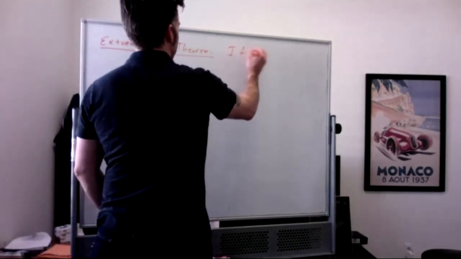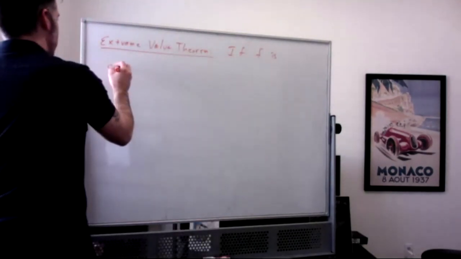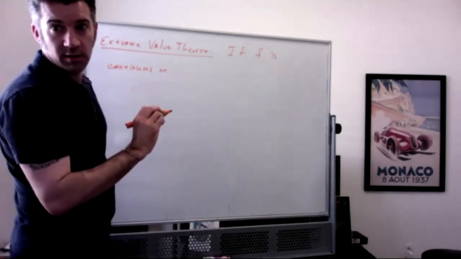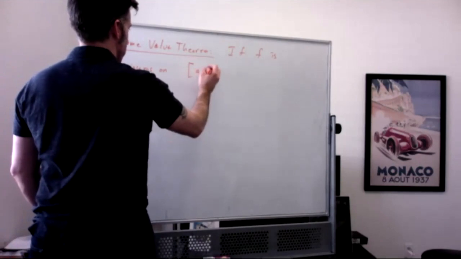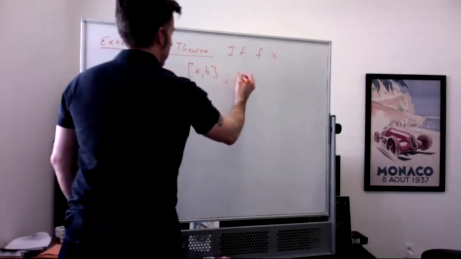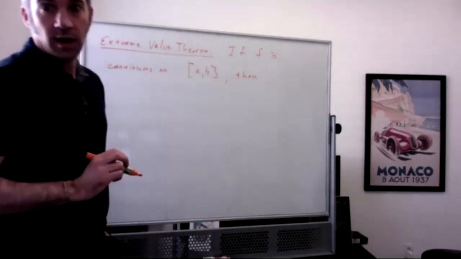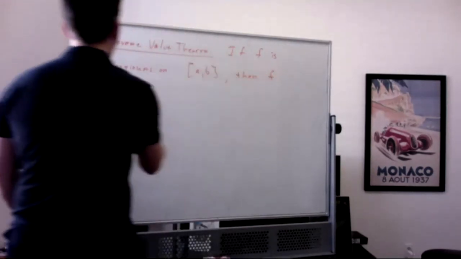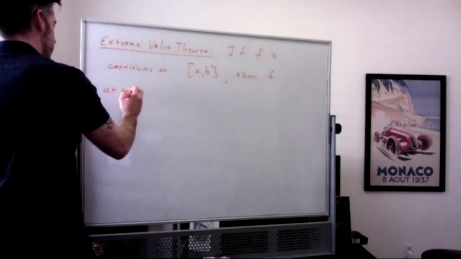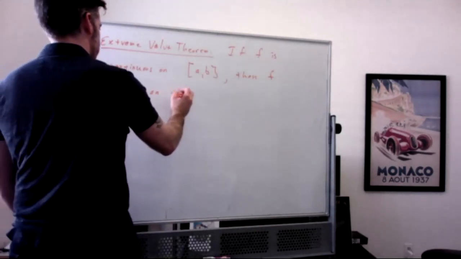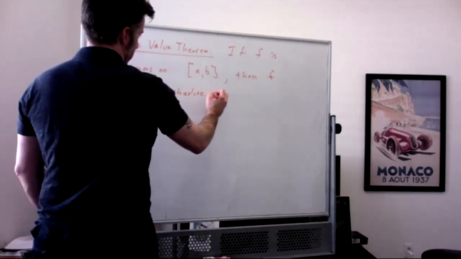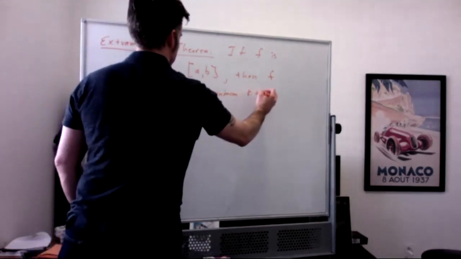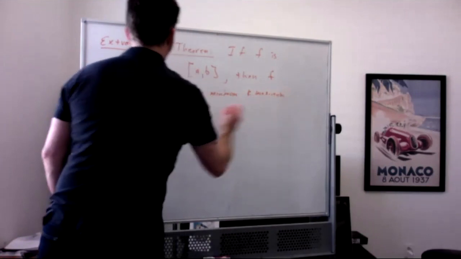If your function f is continuous on a closed interval, say a to b, then f attains an absolute maximum and an absolute minimum within the interval.